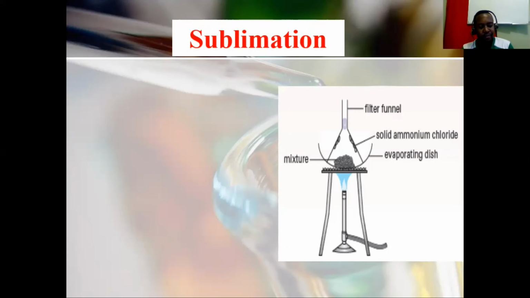So let's say we have a mixture of ammonium chloride and table salt. We accidentally throw both crystals together, but we need them back separate. How could we get the ammonium chloride from our table salt?